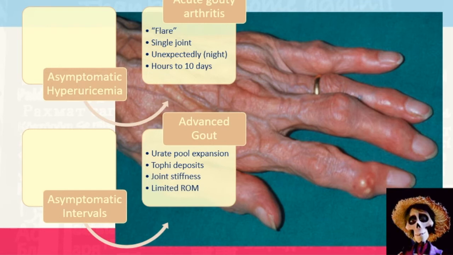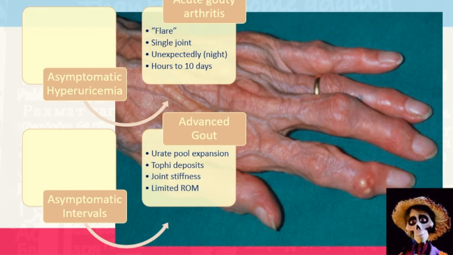Then your patient would have advanced gout. That advanced gout is characterized by urate pool expansion. So when I say urate pool expansion, there is already an increase in your urate crystallizations. Now, there will be deposits of your tophi, again, as I have mentioned, even on your ear, in your auricle, in your pinna. There will be joint stiffness. The stiffening there is related to inflammation.